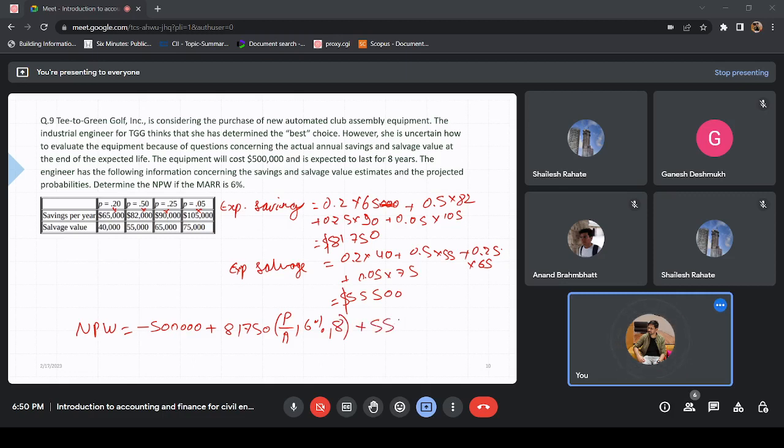Yeah, 55,500. P given F, again 6% and 8. So let me get these values from the table.